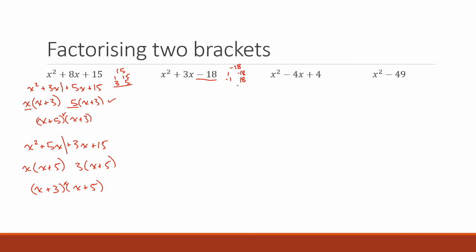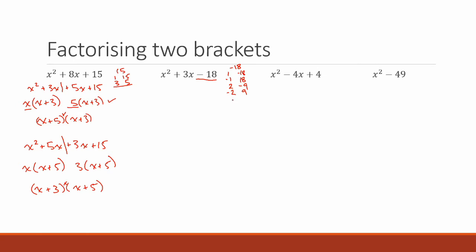Once you're used to doing this, you'll find that you won't need to be writing out these. You can just be looking at the two numbers and going, okay, if I add this as a negative and this as a positive, what will I get? If I add this as a positive, what will I get? But let's just do it the long way this one time. So I can do 2 times negative 9, or negative 2 times positive 9.